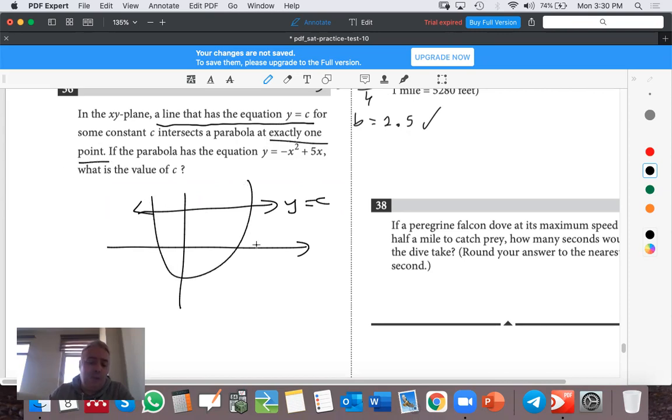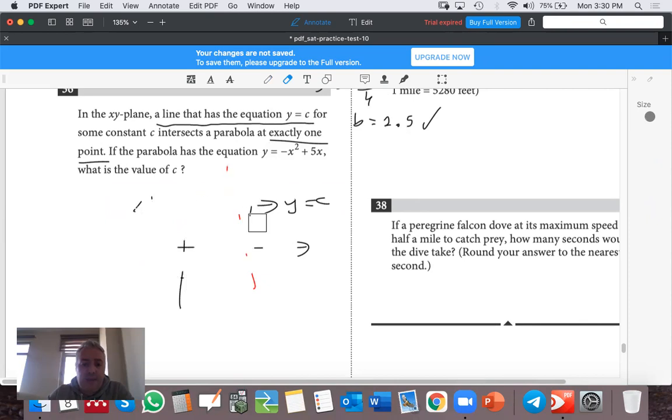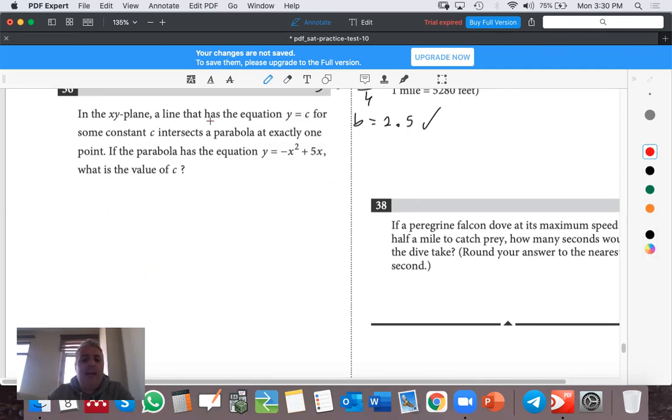Parabola could be this. Parabola could be this. There are lots of cases, but I can specifically look at here: y is equal to c for some constant intersects a parabola at exactly one point.